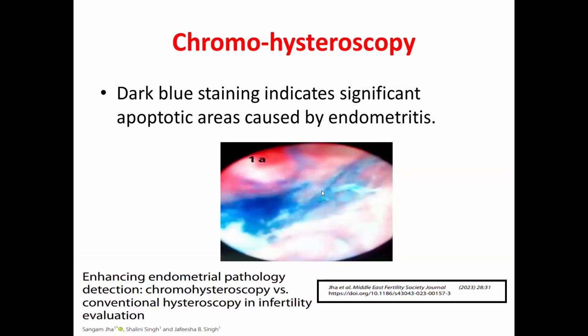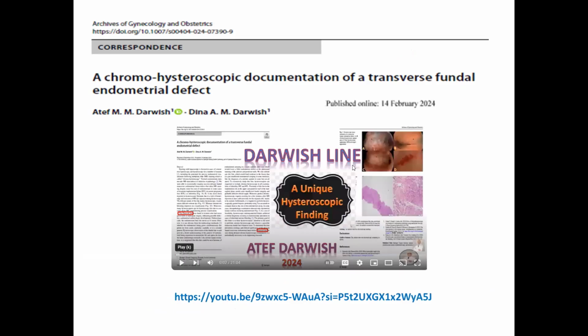And if you put stain inside the endometrial cavity, methylene blue, usually the normal healthy endometrium does not take the stain, and you see dark blue staining of the pathologic endometrium. So if you put stain inside the uterus and see it by hysteroscopy, this is called chromohysteroscopy, and you can see some areas of staining. This means that these areas are diseased and affected by endometritis and apoptosis.